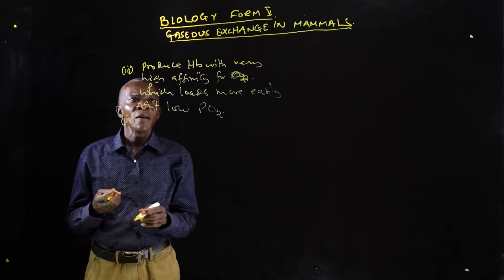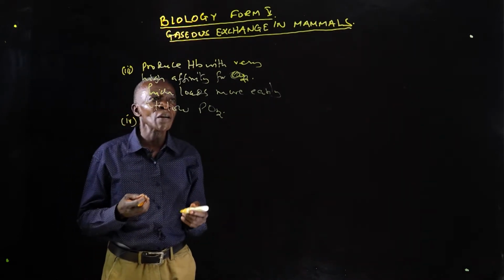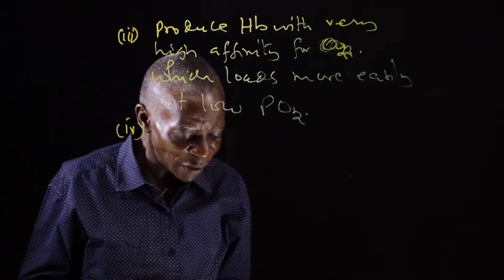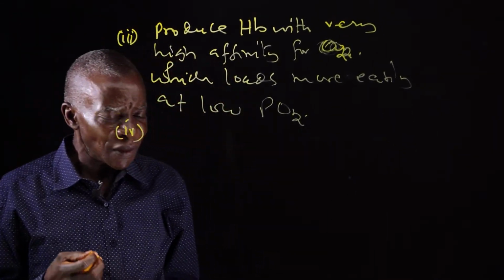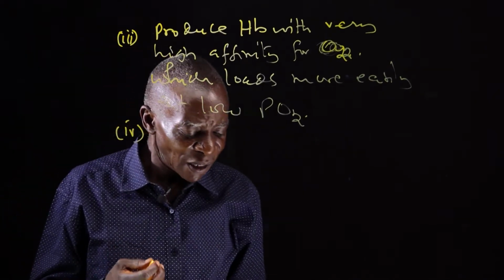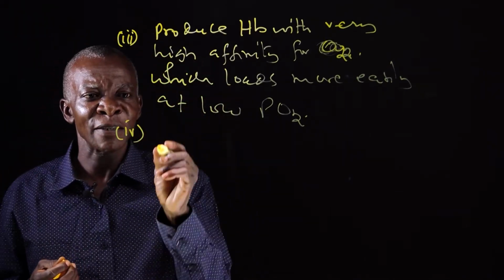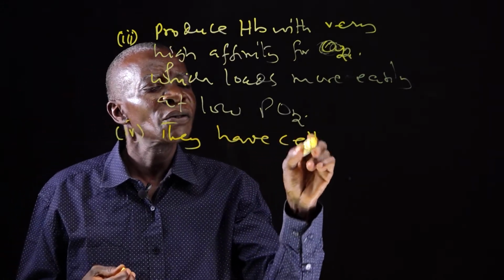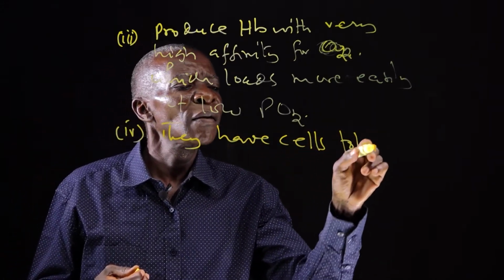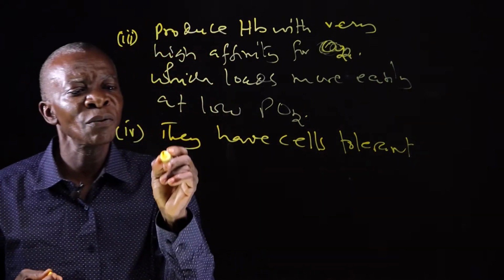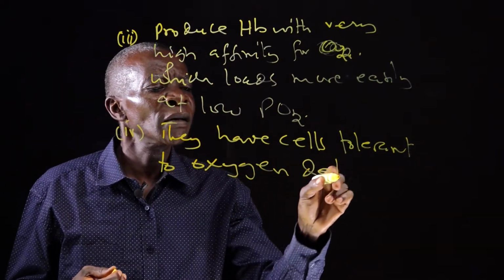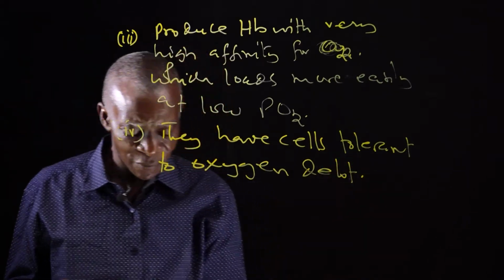Apart from producing hemoglobin with very high affinity for oxygen, these animals also have cells tolerant to oxygen debt.